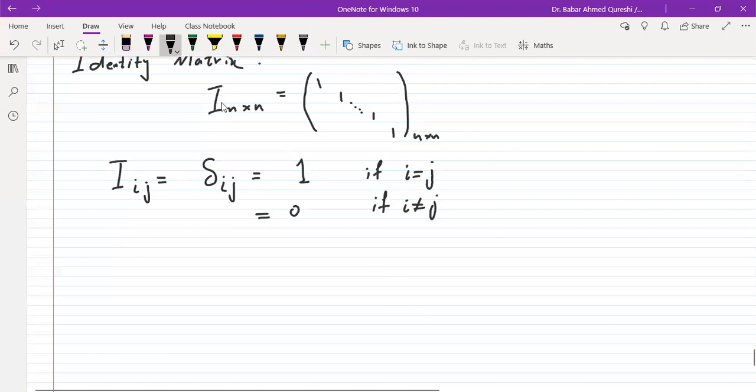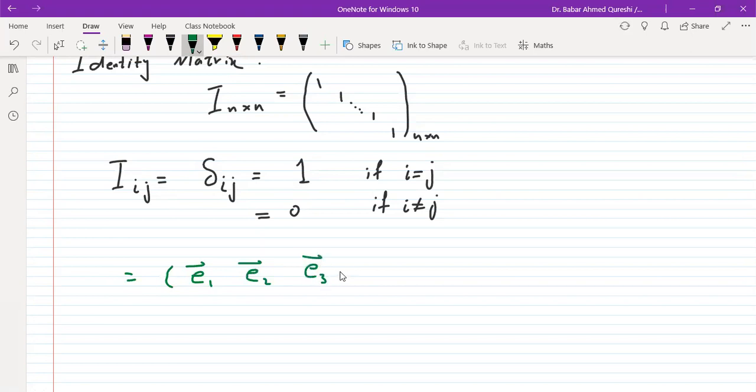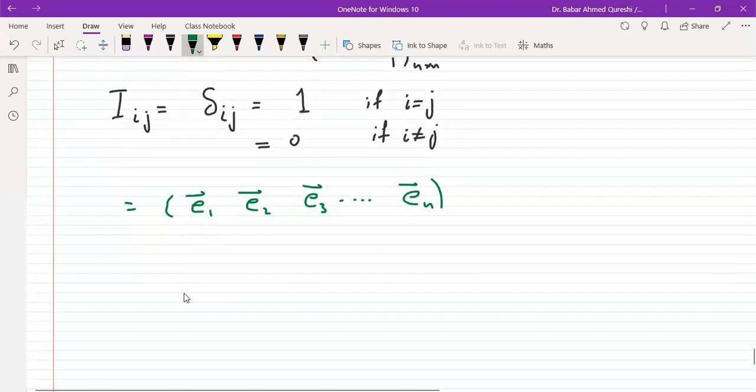But the same identity, since all matrices I can write as column vectors or row vectors, if I write them as column vectors, they would be like this. It's an n by n, so n columns, each of n dimensions.